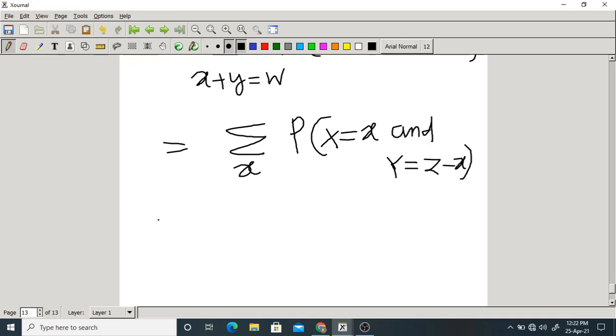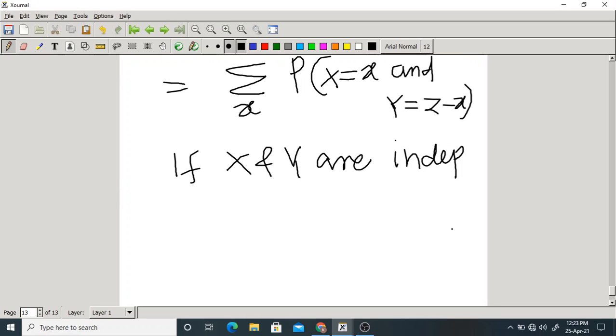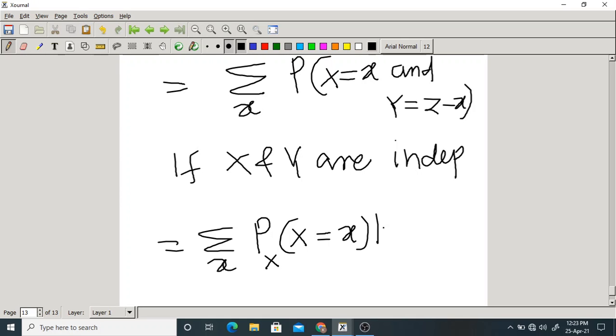Now if X and Y are independent, what can you write? Summation over x, you can write separately, probability that X equals x and probability that Y equals z minus x.